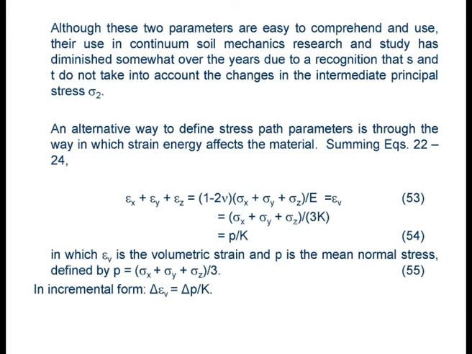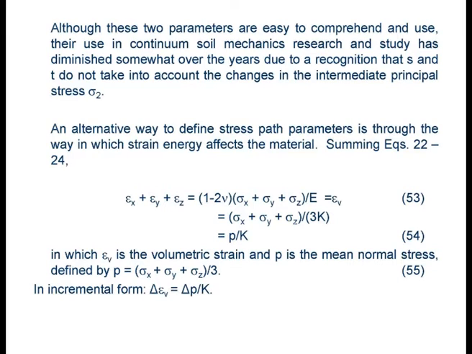Now, you know that K is equal to E over 3 into 1 minus 2 nu. That is one of the earlier equations we got. So you can convert this: instead of E, we can express it in terms of the bulk modulus K. And it turns out, in a very simple way, the sum of the three normal stresses divided by 3K, but we choose to split it this way: the sum of the three normal stresses divided by 3, then divided by K. The sum of the three normal stresses divided by 3 is actually the average normal stress, correct?